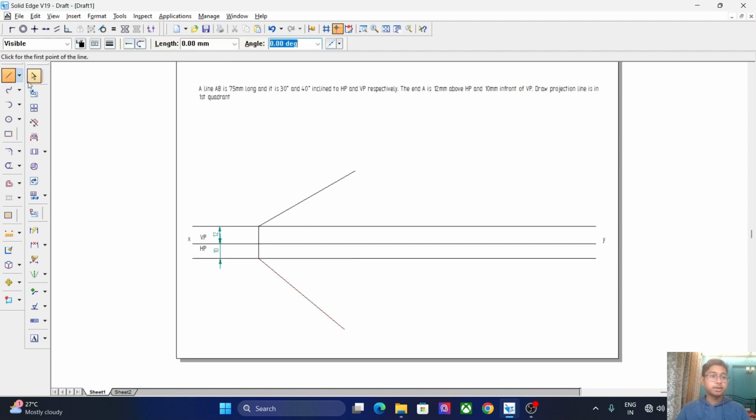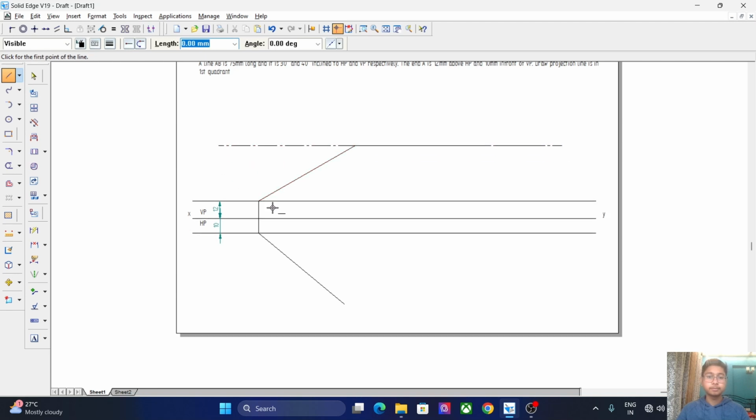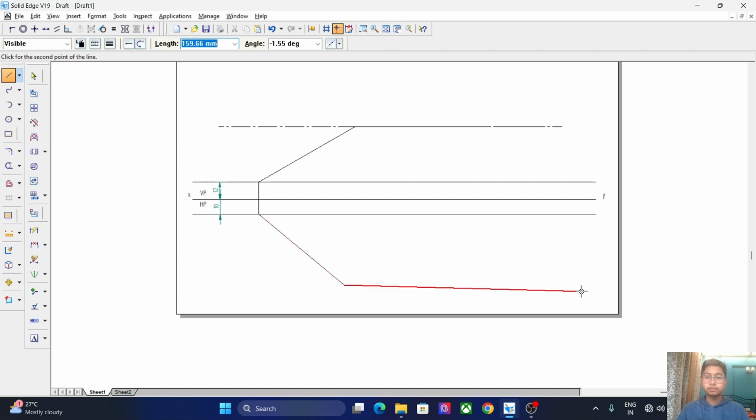Now we have to create a lamina on both of the ends of lines.